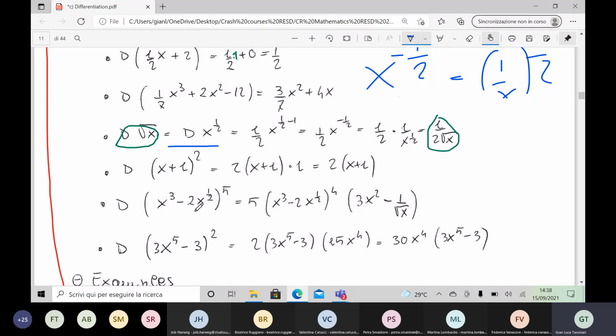But here you have minus 2 times the derivative of this function, so minus 2, a multiplicative constant, times this one. You see, guys, you can simplify the 2 with the 2, so you have minus 1 over square root of x, as we wrote here. Guys, when you have troubles, turn on your microphone and let me know.